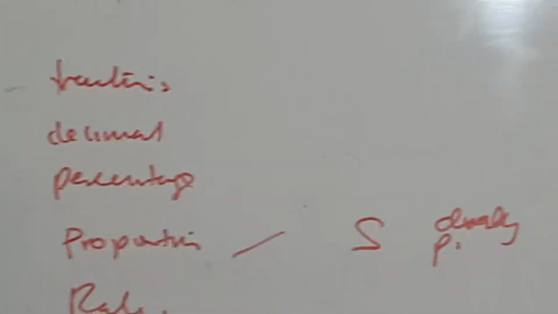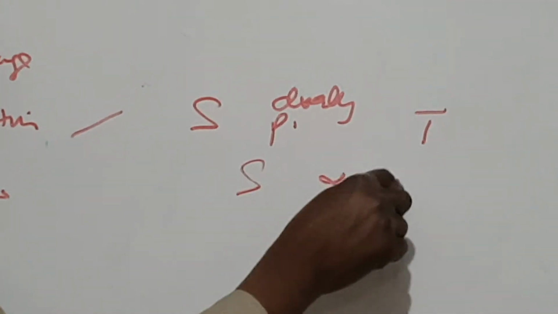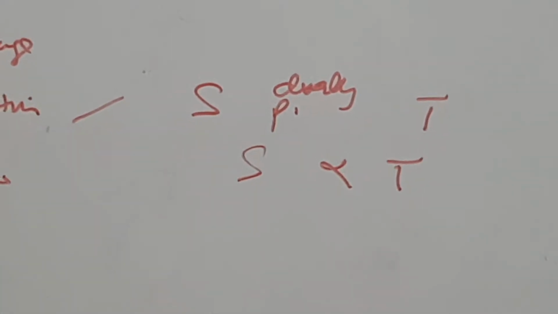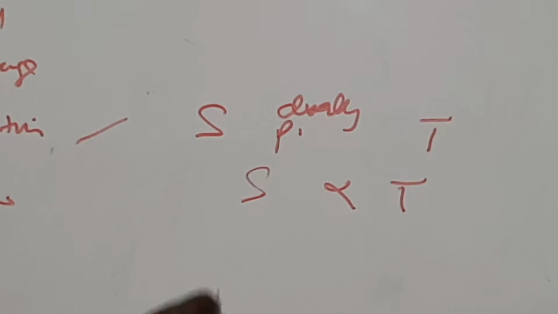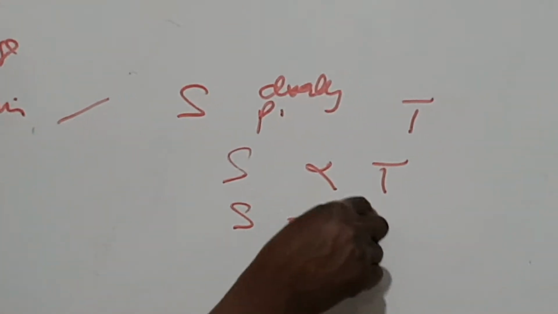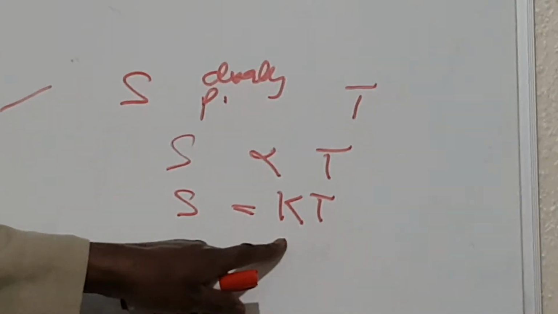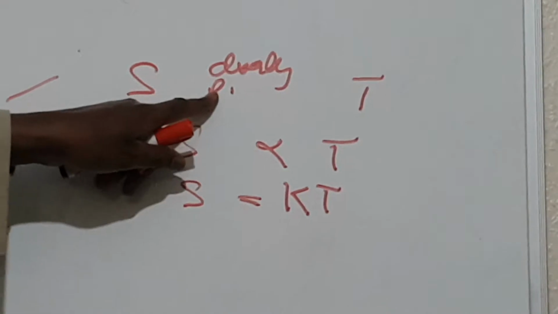When we say directly proportional, that means S is proportional to T. So in mathematical terms, it means S is equal to a constant times T, K times T. That constant we don't know. But that is direct proportion.